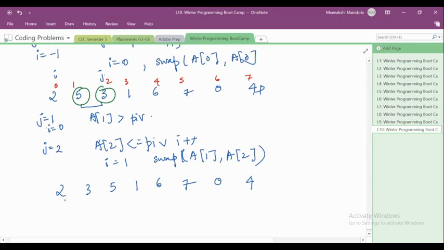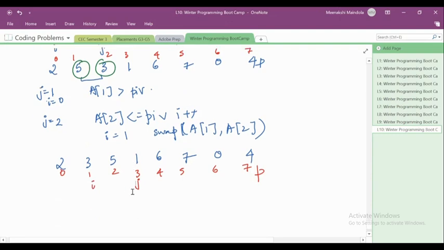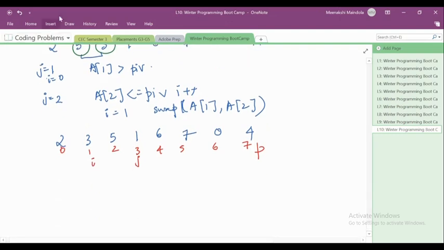So again, if I go ahead and write down the indexes and then move ahead, this is pivot and j was earlier 2, it will now be incremented and it will reach 3 and i has now reached here, right? Again, you compare.